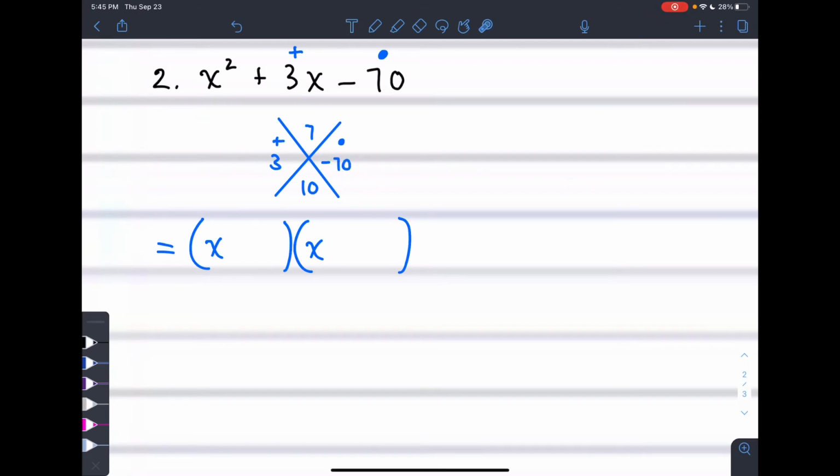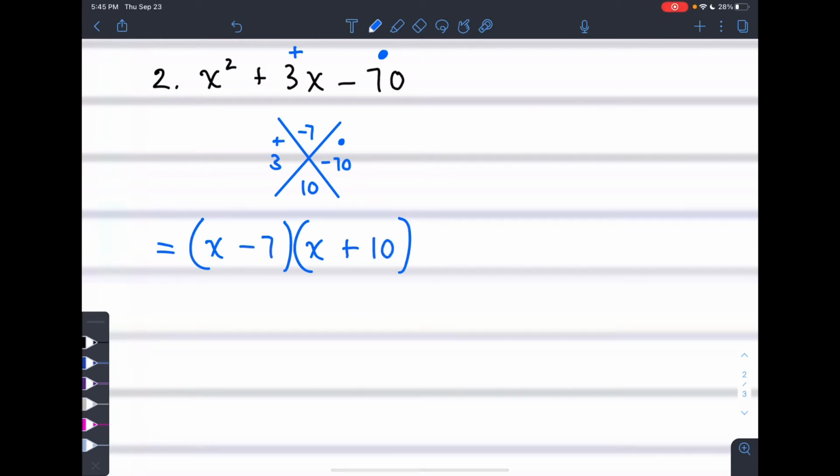And I can manipulate it so that if one of them is negative, then I can somehow end up with 3, right? So if it has to be positive 3, okay, I'm gonna attach that negative sign to negative 7. So let's check it really quick. Negative 7 times 10 is negative 70. 10 plus negative 7 gives us positive 3. Okay, I think I'm on the right track here.